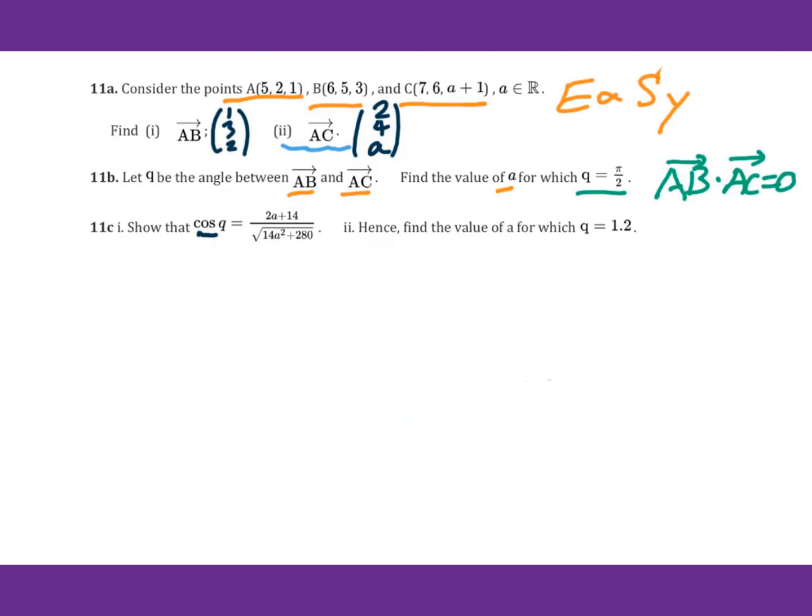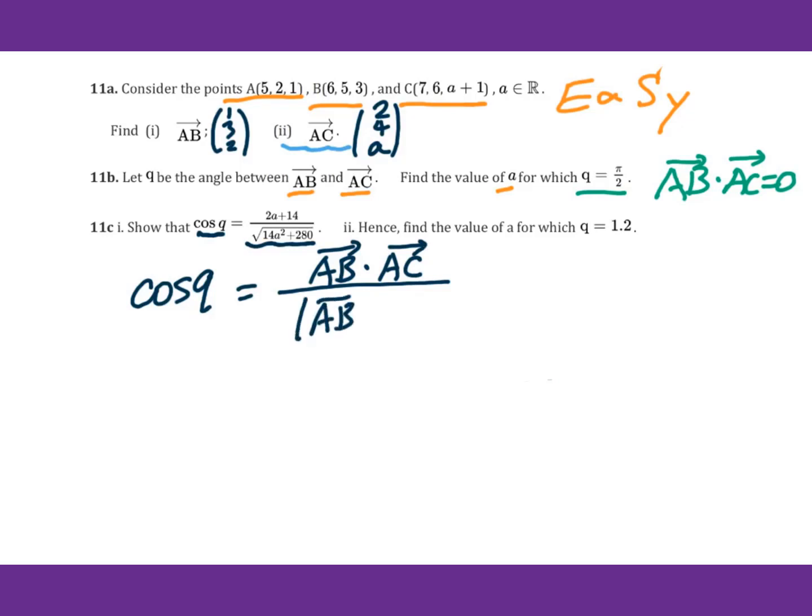Now let's go to 11c. Show that cosine theta equals this. Cosine theta equals AB dot AC over the magnitudes of AB and AC. So we plug in, you will get 2 plus 12 plus 2a.